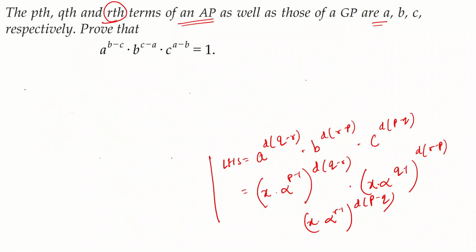So we can segregate all the powers of X. X to the power of this into X to the power of this into X to the power of this is actually X to the power of the sum of all these.